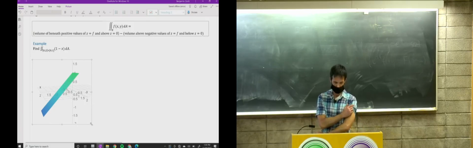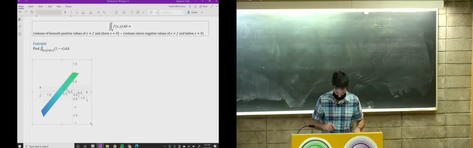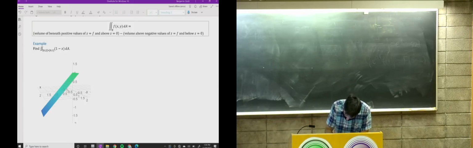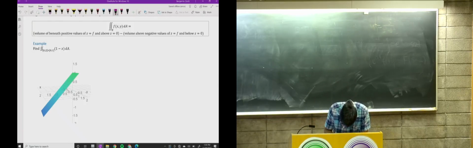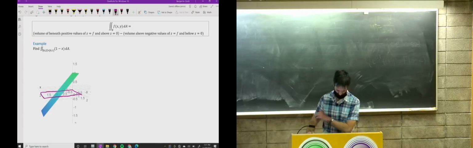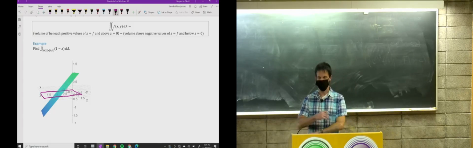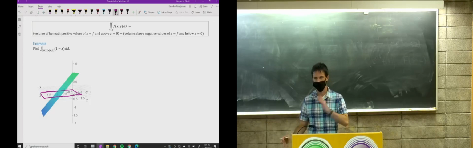Okay, so let's see if I can draw this. First, the domain is this rectangle right here. And now I want to shade in the region which is below the graph when it's positive, but above the graph when it's negative.